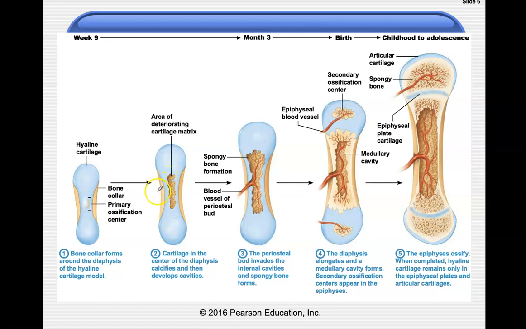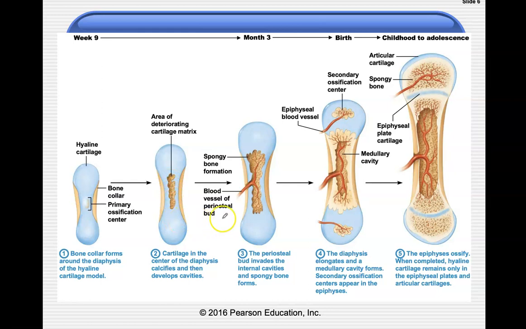And the reason is that the formation of this bone collar ends up reducing the diffusion of nutrients to the cartilage, because remember, cartilage isn't vascular like bone is, and so it relies on diffusion. So the formation of this bone collar reduces the diffusion to the cartilage in the center here, and it deprives it of nutrients, and that cartilage just starts to deteriorate.